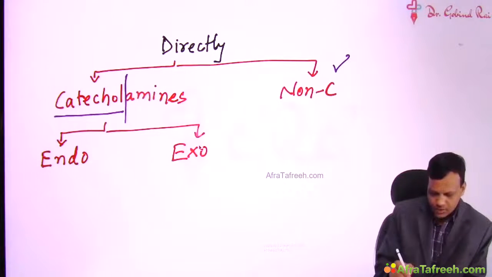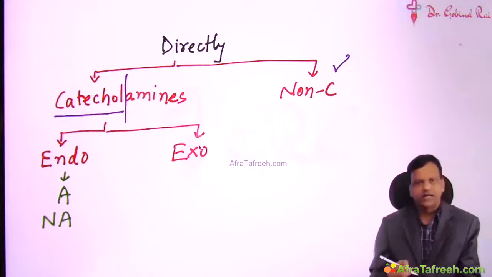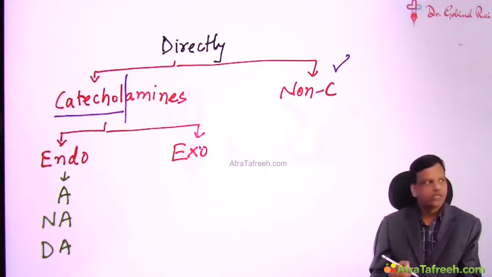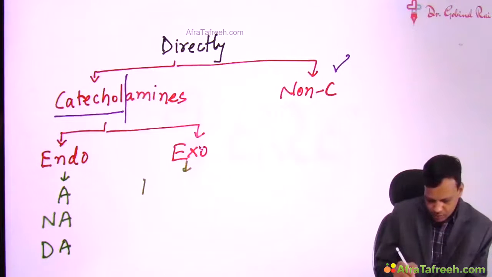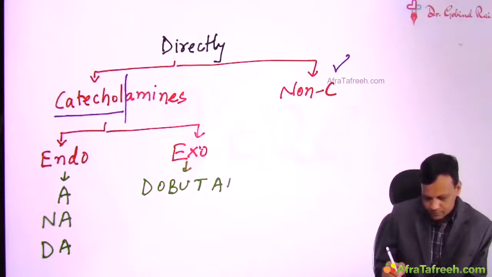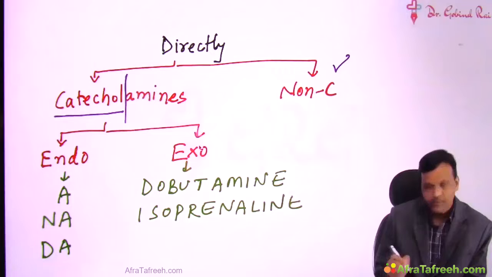The endogenous catecholamines include adrenaline, noradrenaline and dopamine, whereas exogenous catecholamines include dobutamine, isoprenaline and fenoldopam.